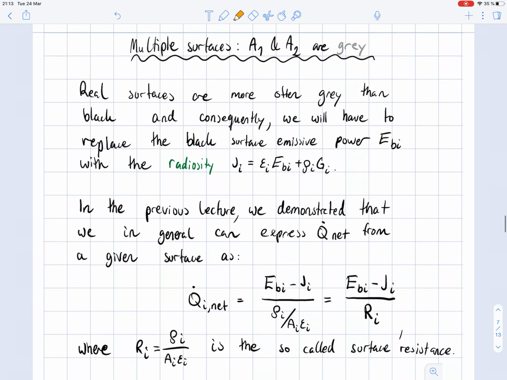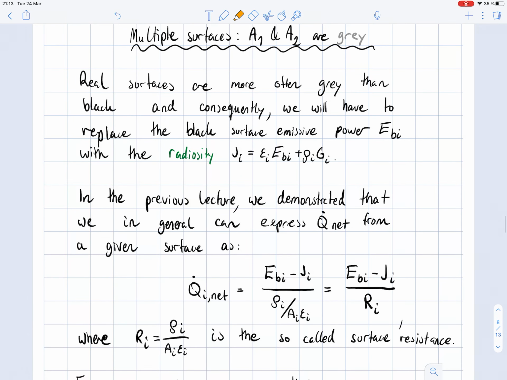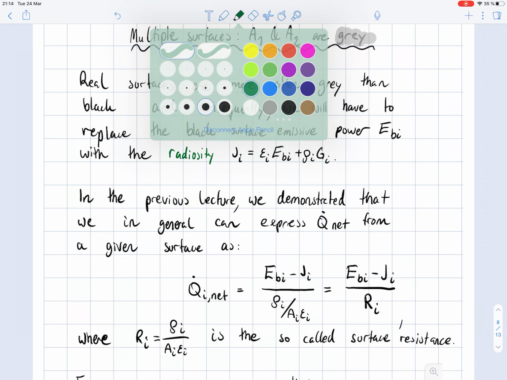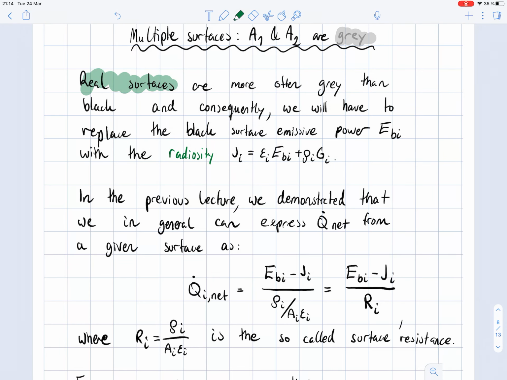Let us now move on to an extension of this where we consider gray surfaces. So A1 and A2 will be gray. And the reason for that is that real surfaces are more often gray than black.